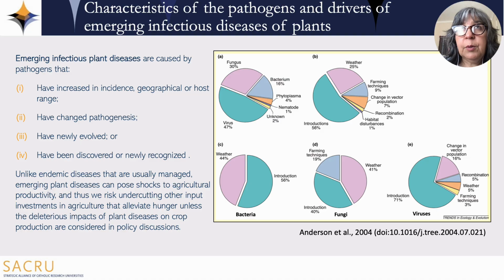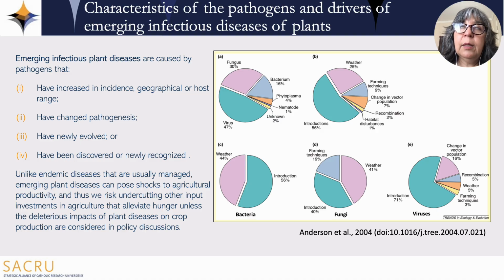What they did was take 10 years of reports of recently discovered or newly reported diseases of plants and crops, and they categorized the causal agents for each one of them. In figure A, you can see that the most important causal agents of emerging diseases in plants are viruses, with almost 50% of the cases described, followed by fungal plant pathogens and then bacterial plant pathogens.